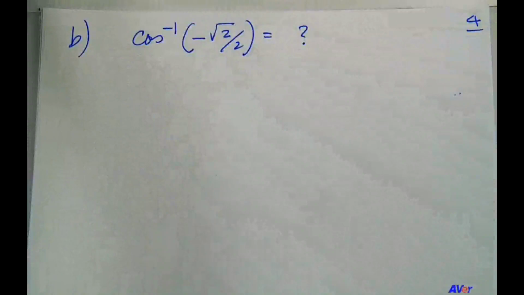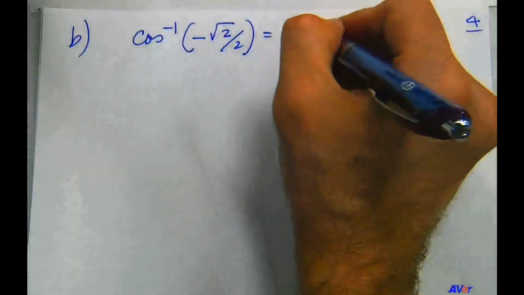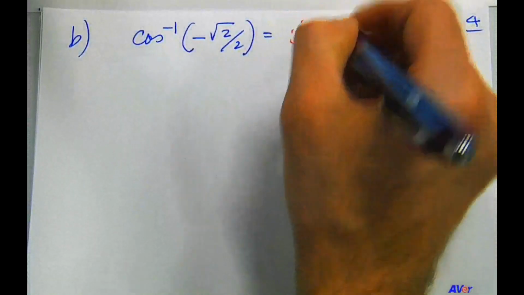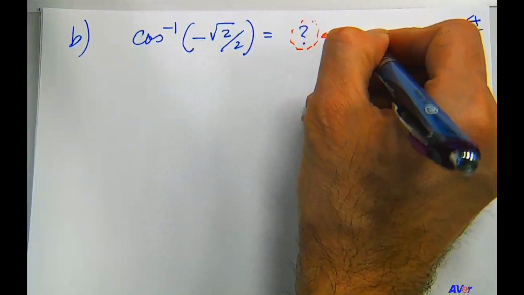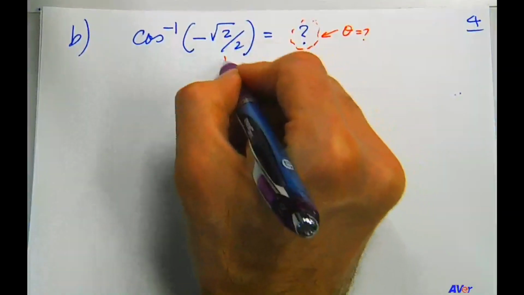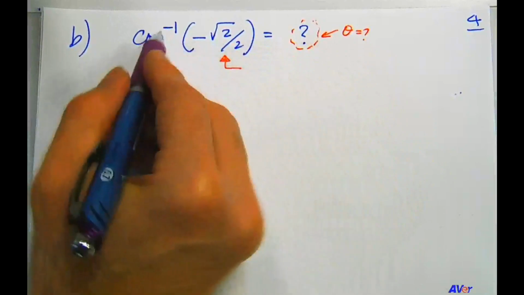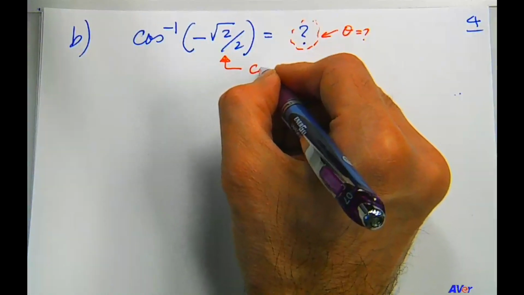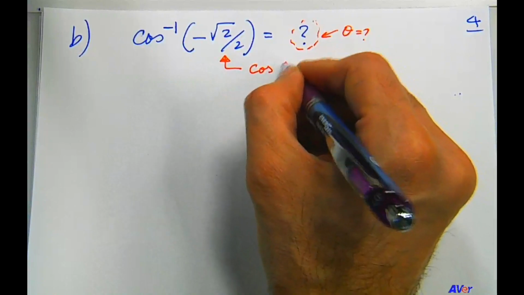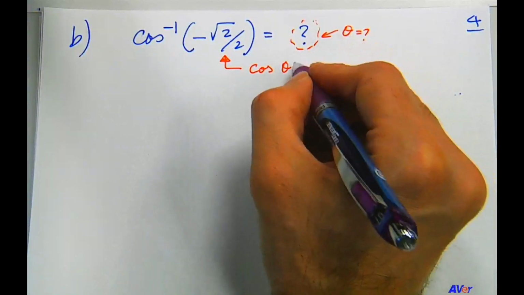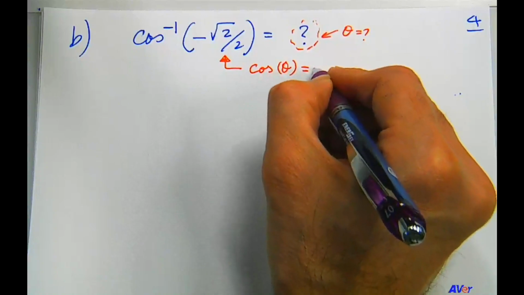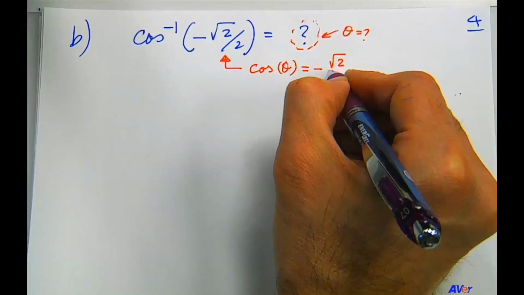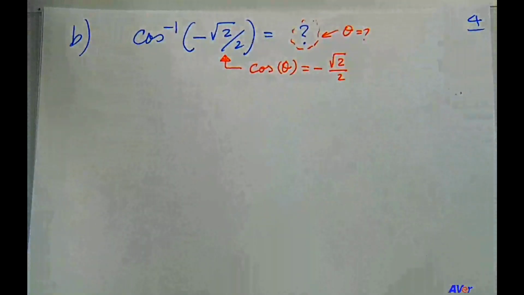Okay, so we know that we're looking for some angle theta, and in combination with the inverse cosine, it means there must be an angle theta such that cosine of that angle is equal to negative square root of 2 over 2.